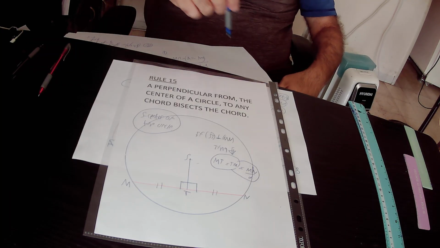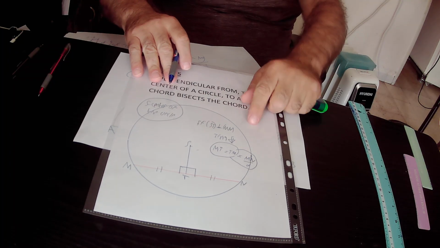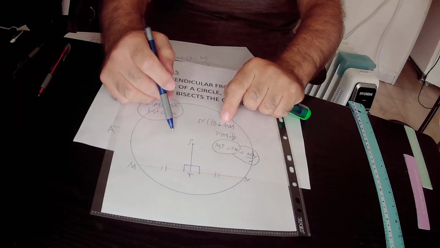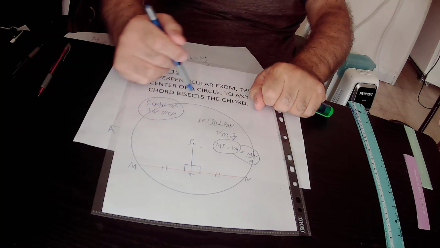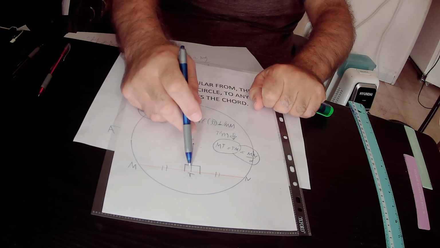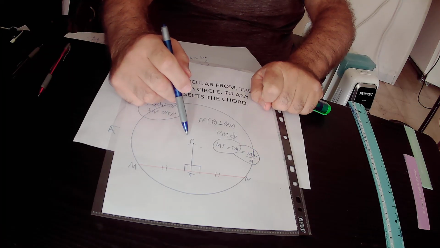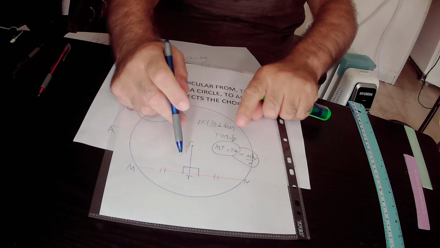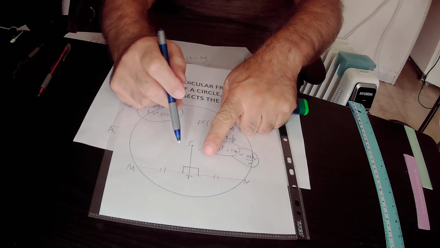So in this one, we have a circle with chord MN, and from point S, that is the center of this circle, we go perpendicular ST on chord MN. So this angle equals 90 degrees, and this angle also equals 90 degrees according to our construction.